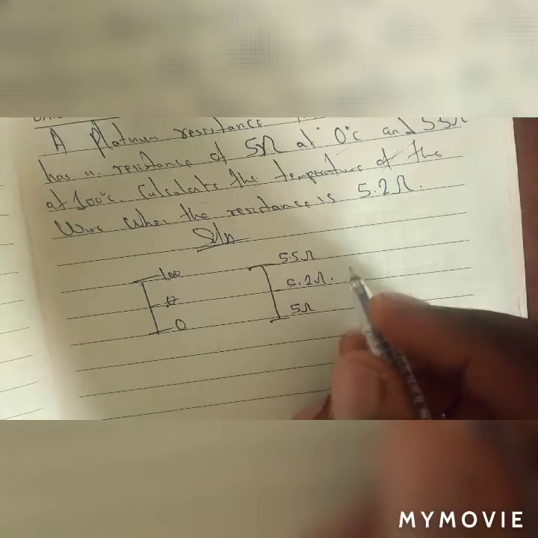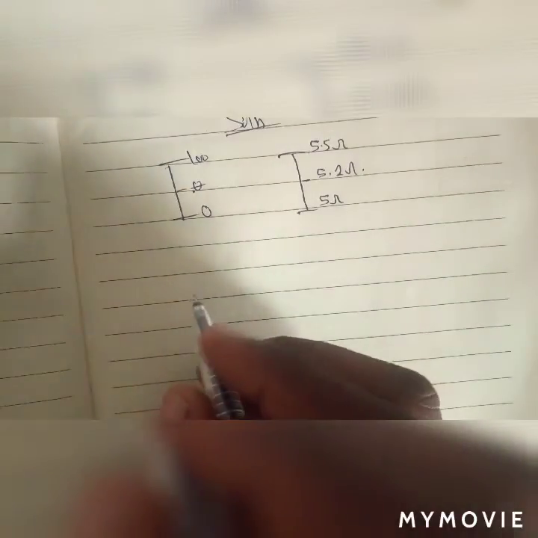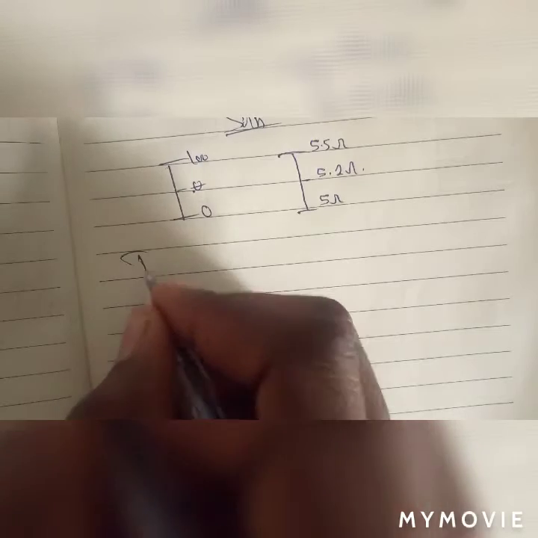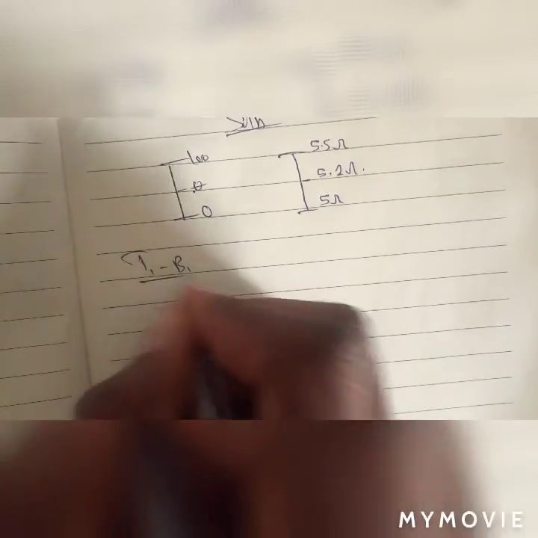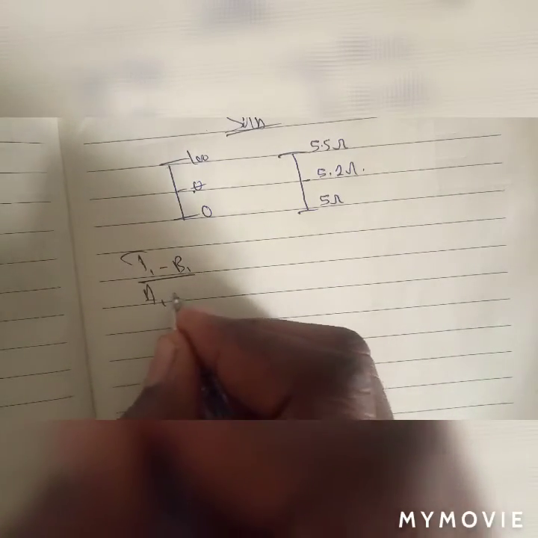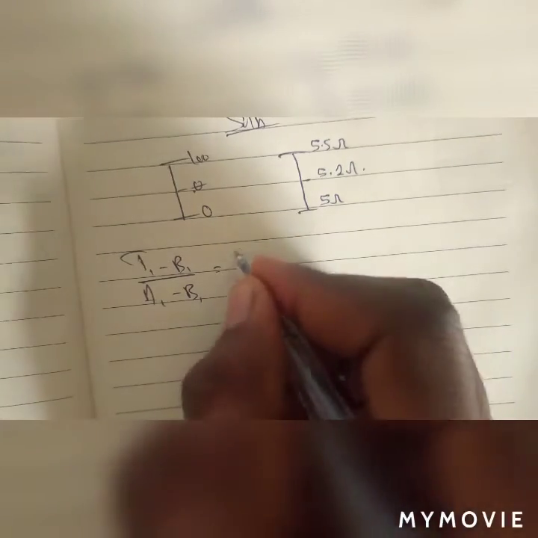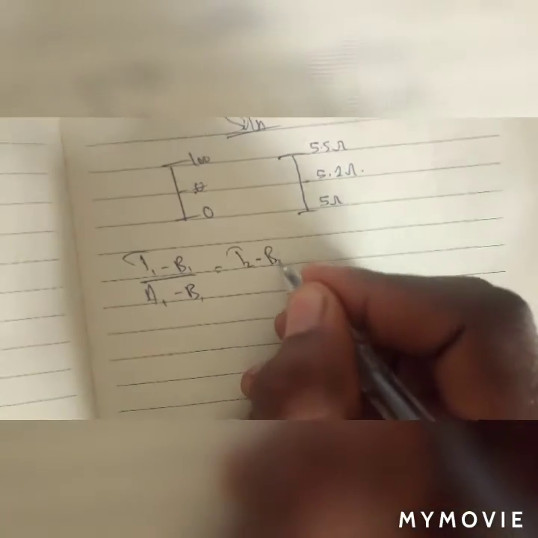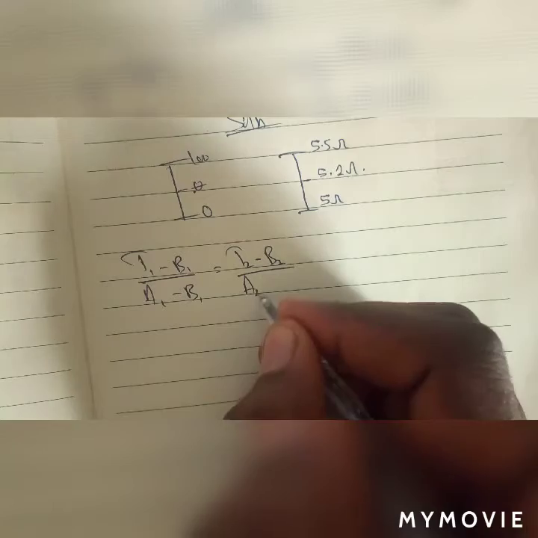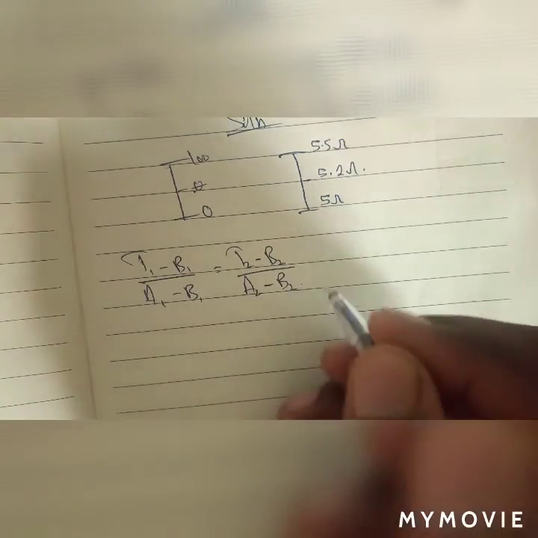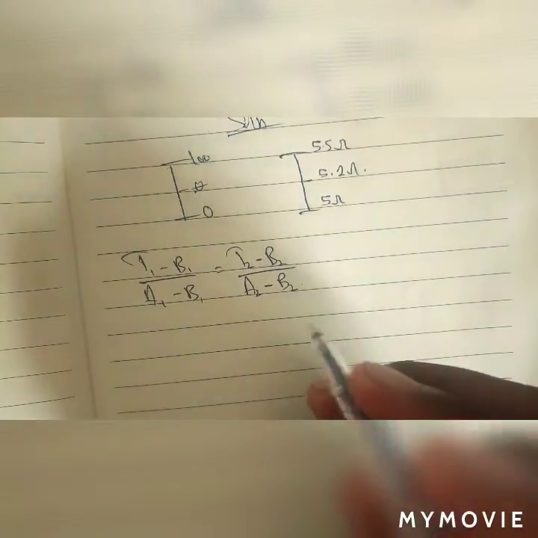Now we are going to use the formula (T1 minus B1) over (A1 minus B1) is equal to (T2 minus B2) over (A2 minus B2). So how do we use it?